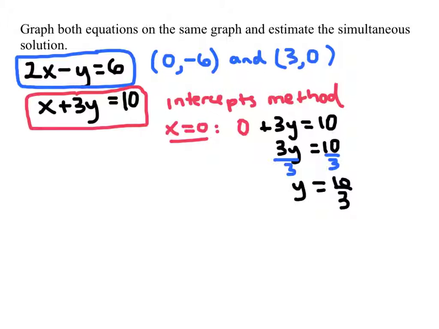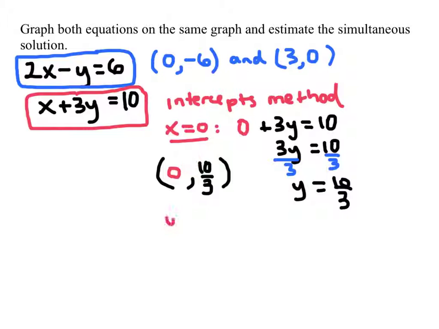So I will get my ordered pair. X will be 0 and y is 10 thirds. And I notice that it's a fraction, and when we get ready to graph, I'll tell you how we can best deal with that.